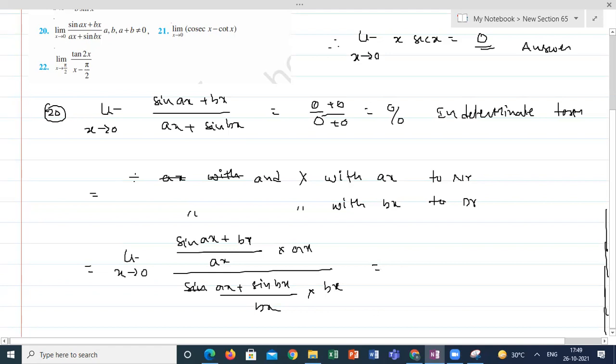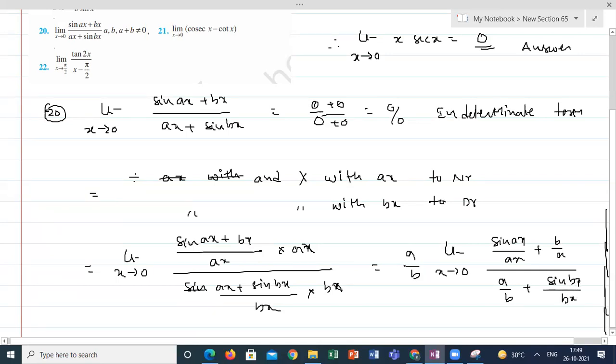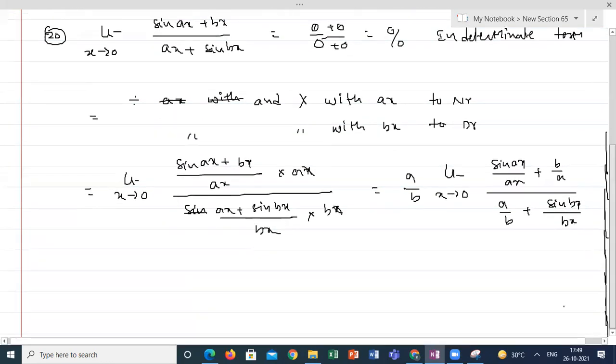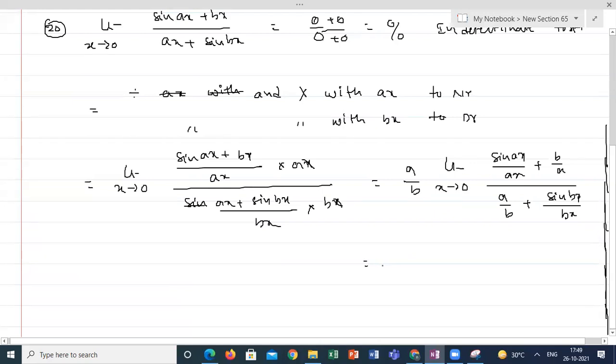So x cancels, a by b if I take out, finally I will get limit x tends to 0, (sin ax by ax plus b by a) divided by (a by b plus sin bx by bx). Yes, sir. Now we'll get the answer as 1. Answer is 1, sir.